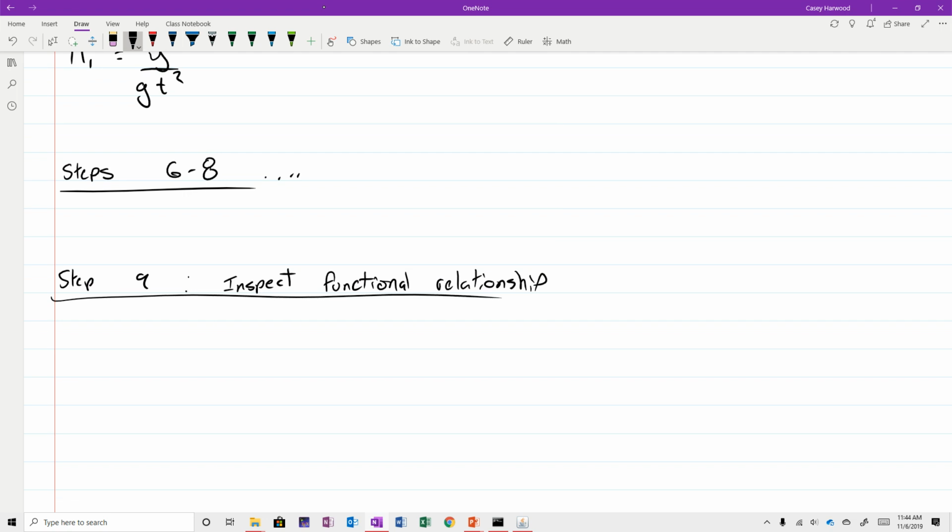So what this is saying is that pi 1 is equal to some constant. So y over g t squared is equal to a constant. What does this do for us? Well, if we wanted to perform an experiment, all we would need to do is take some object, and if we know how far we're dropping it, and we know gravitational acceleration, then we can time how long it takes to fall.